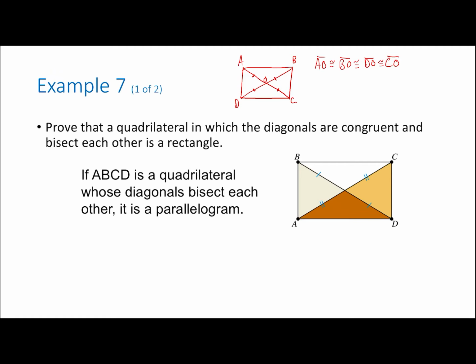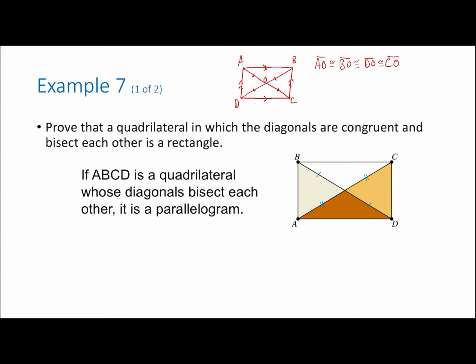Now, if we want to show that this has to be a rectangle, then we need to show that there's a 90-degree angle somewhere in this. I'll walk you through this as we go, based on the fact that those lengths are the same.